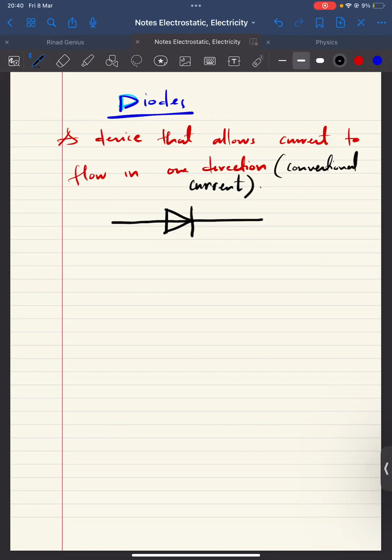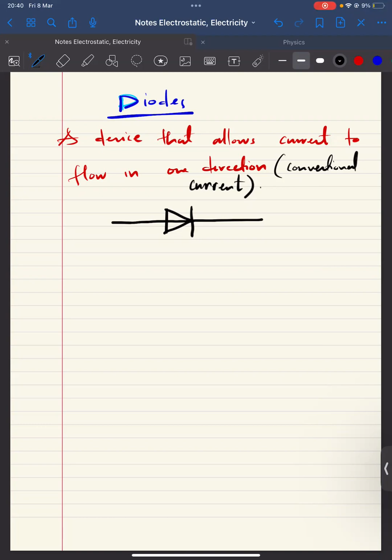Conventional current is the current that flows from positive to negative. It's the default direction for current. Electron current is the actual movement of electrons, actual flow of electrons, which is always from negative to positive.